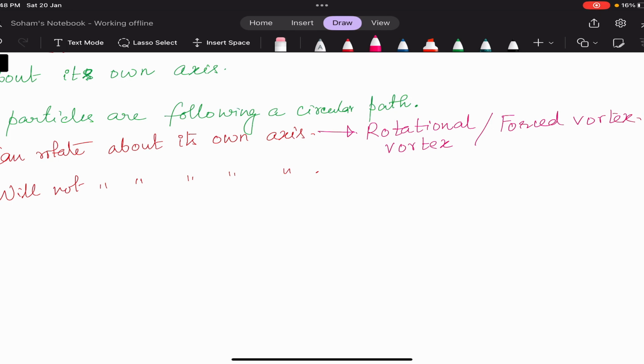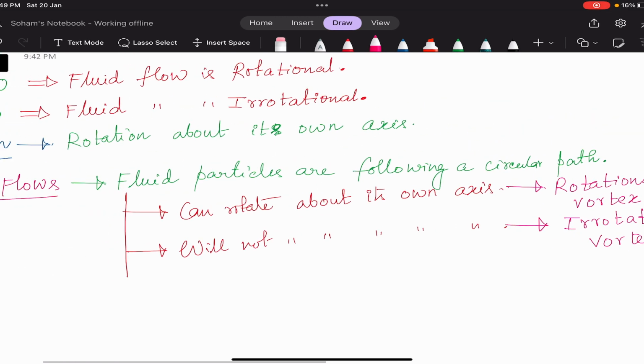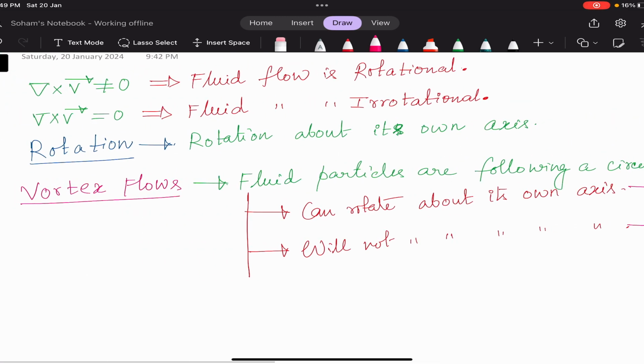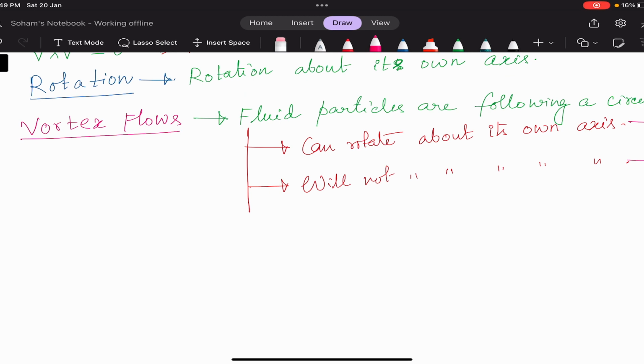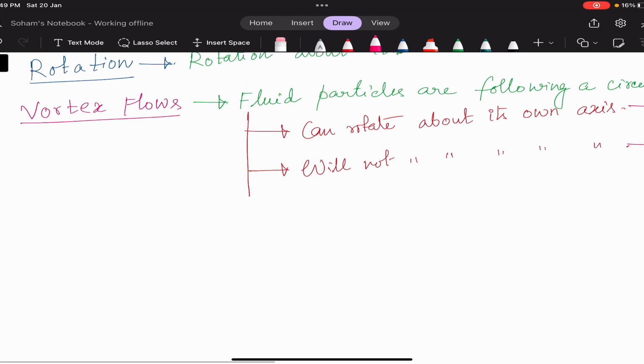And if this is the case, then it is called an irrotational vortex or a free vortex. So this is the basic difference between the concept of rotation and the concept of vortex flows.